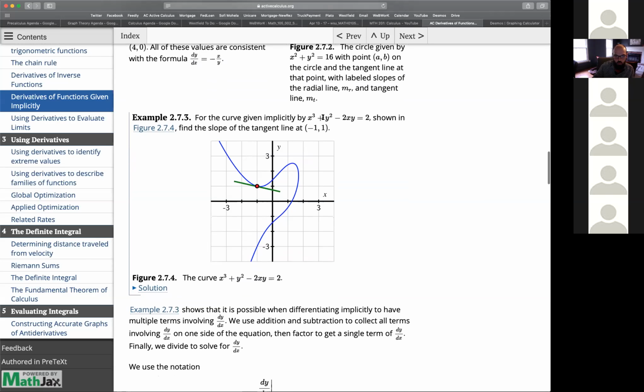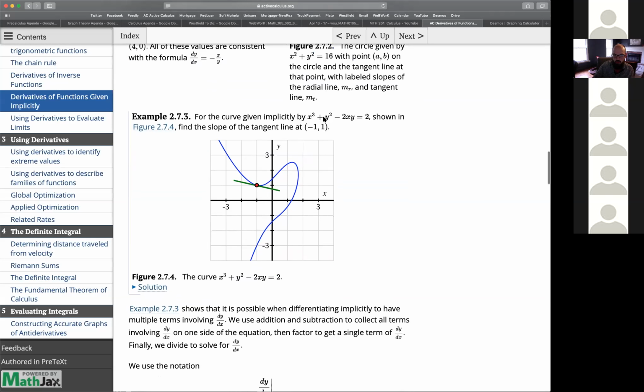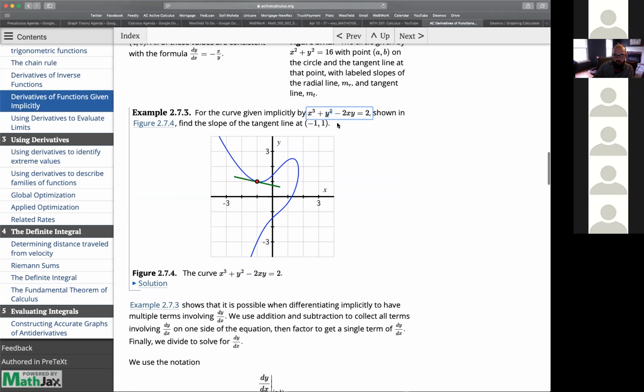Whenever we see y's, we're going to think of them as functions. So when I take the derivative of this y squared, that's going to be a chain rule. And then over here, I have a 2x f of x, so when I take the derivative of this, I'm going to have to use product rule.